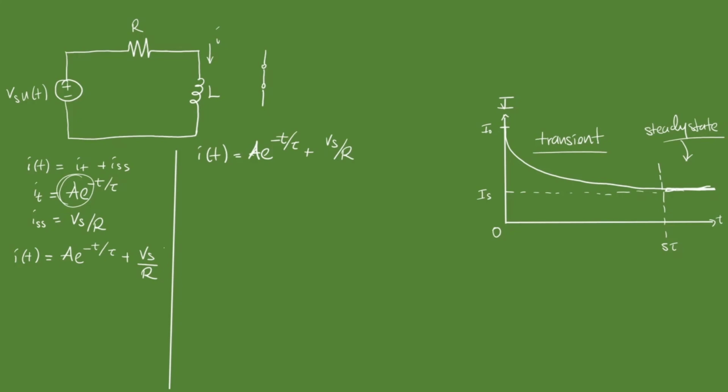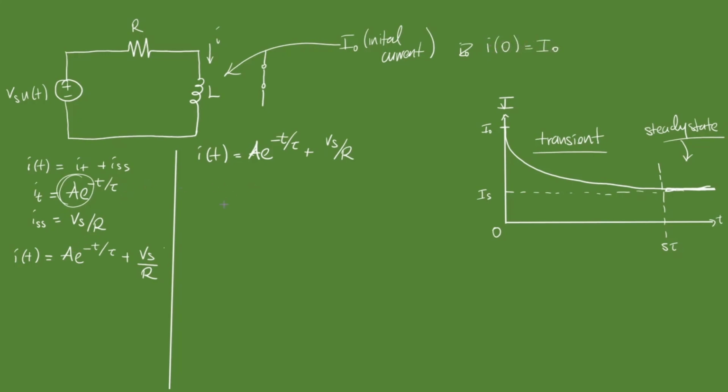Looking at this when the time equals 0, I of 0 is the current at time equals 0. Since our inductor is charged with an initial current I naught, this is our initial current. That means I of 0 is going to equal I naught.